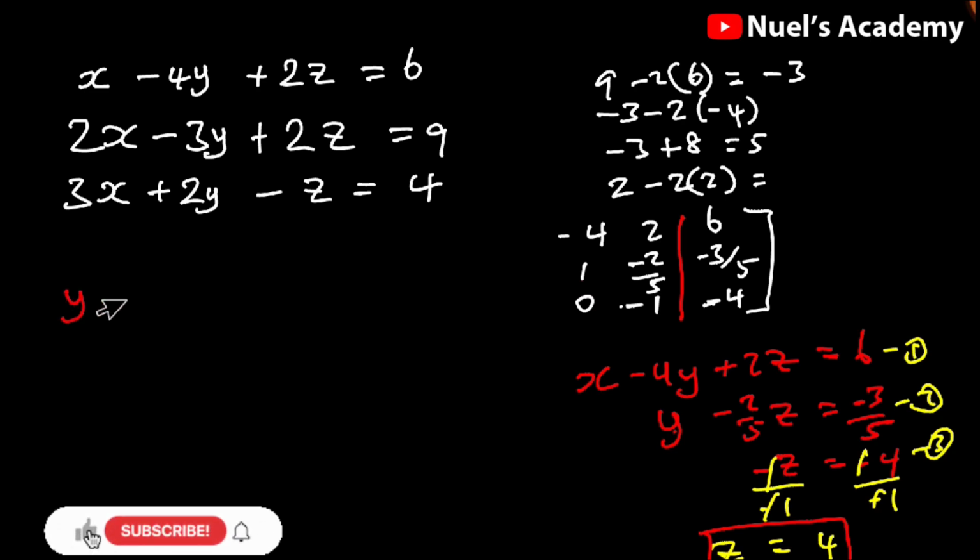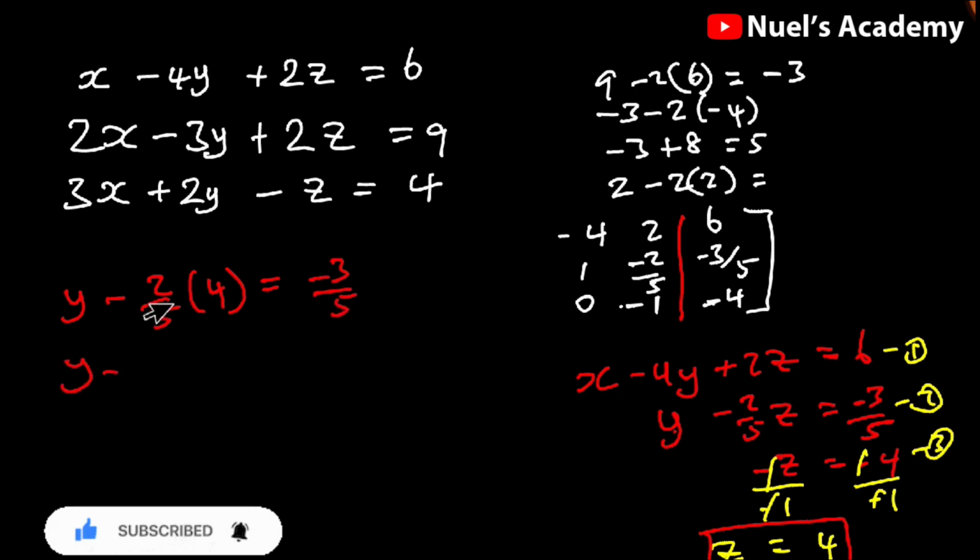We have y minus 2 over 5 times z is 4, then equal to negative 3 over 5. So we have y minus 2 times 4 is 8 over 5 equals to minus 3 over 5. Let's take this minus 8 over 5 to the right hand side. The sign is going to change to plus.